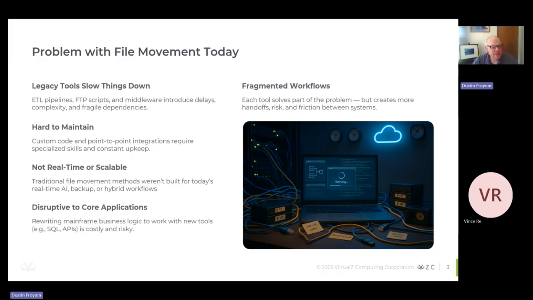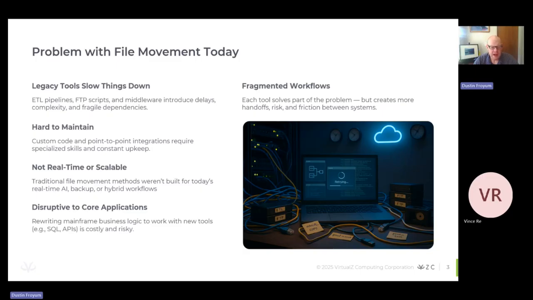All right, so let's talk a little bit about the challenges with today's file movement and architectures from the mainframe and other backup scenarios. Legacy tools can slow things down. Often there are multiple steps where you have to stage a file. You're doing traditional ETL activities, which are multi-step.